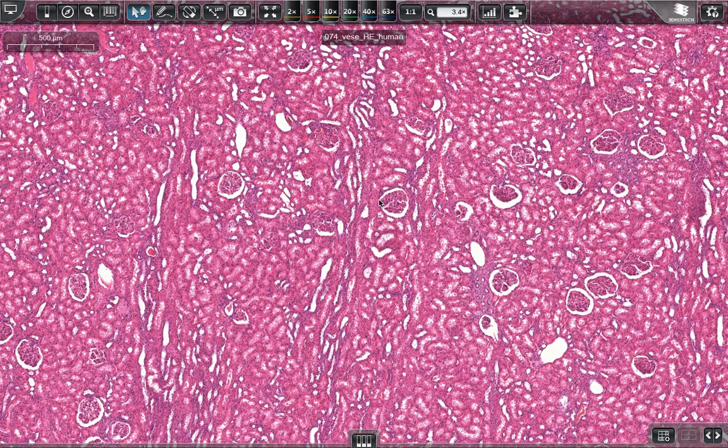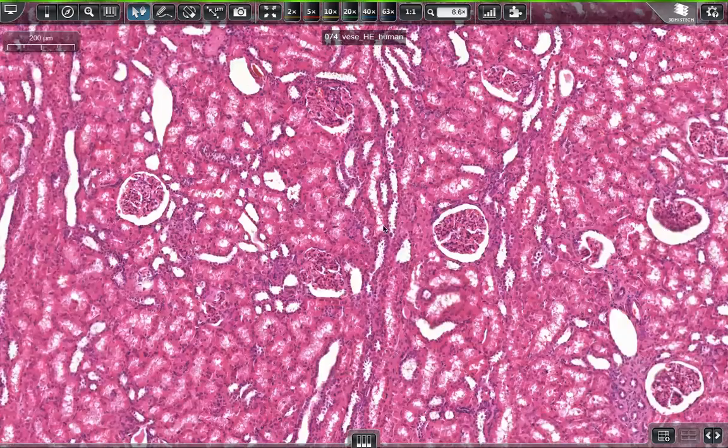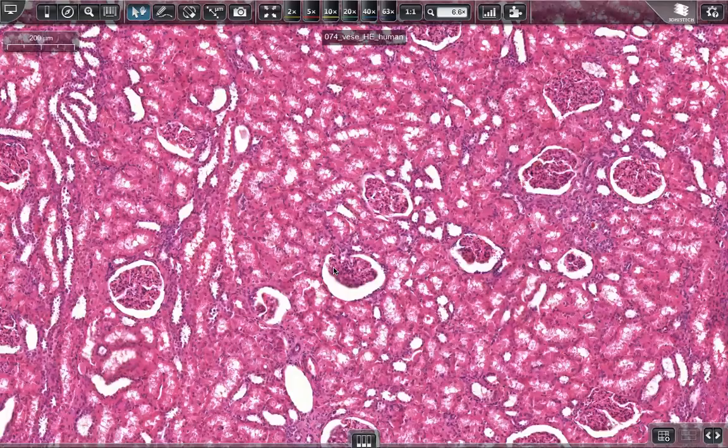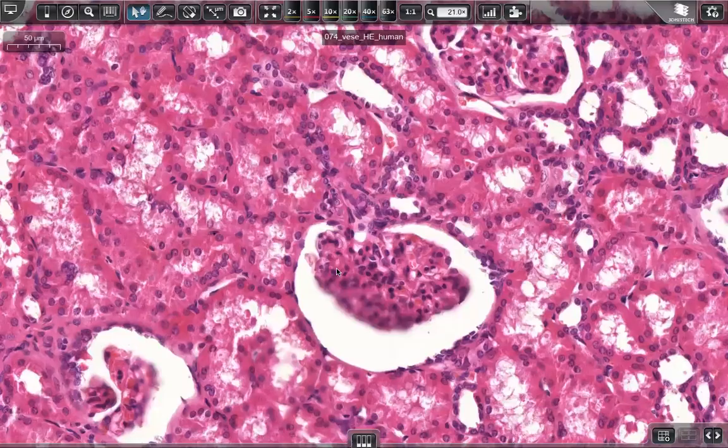And in the glomeruli, I want to show a nice one here, maybe. So this is the glomerulus covered by Bowman's capsule with the parietal lamina and visceral lamina formed by podocytes.